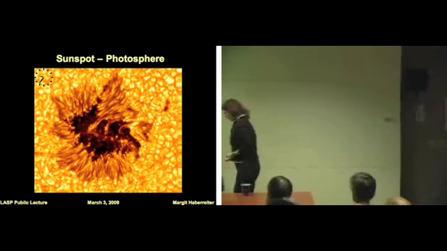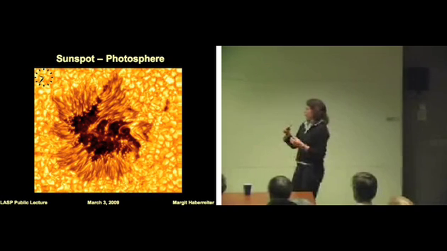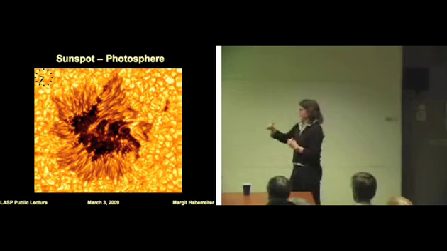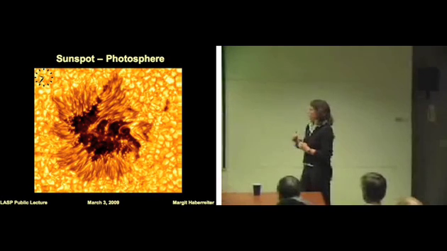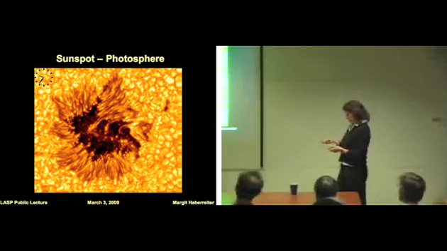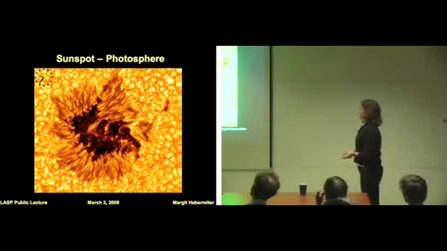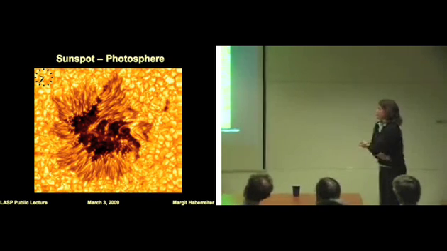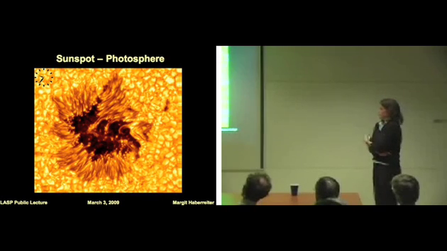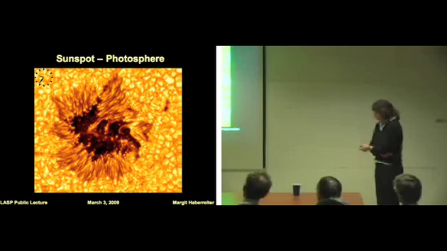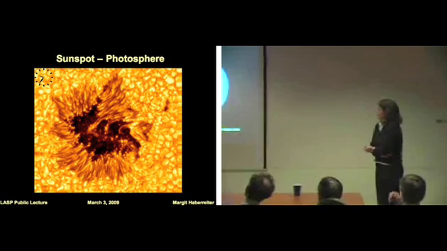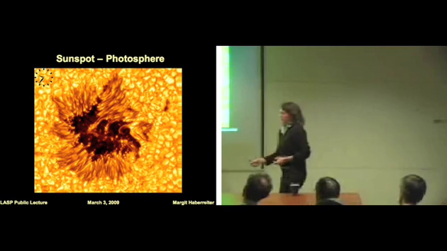Okay. Now the thing is, we don't have only a gradient or a change in height, but we also have features on the solar surface that need to be considered when we talk about solar variability.